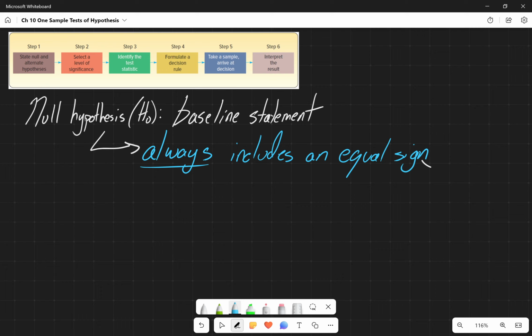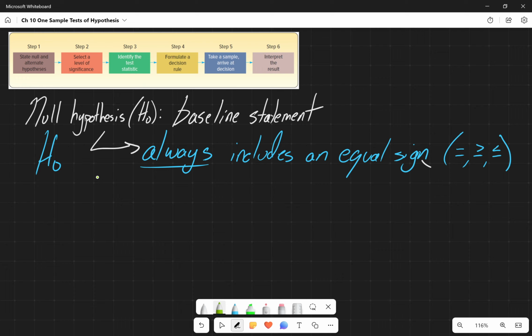Now I said an equal sign, not the equal sign, because it's going to be either this equal sign, greater than or equal to, or less than or equal to. So these are always going to be used in our null hypothesis H0.